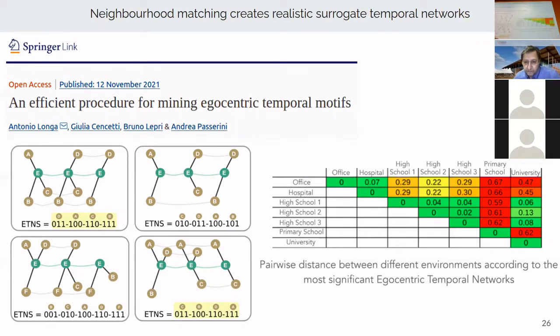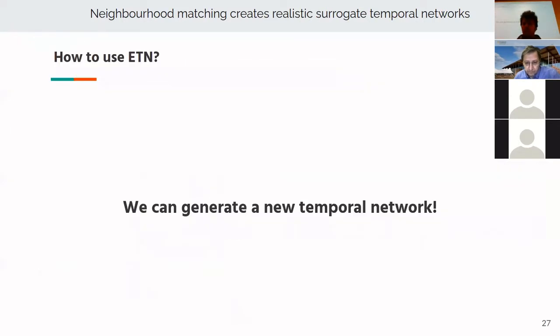What is cool here is that high schools are quite similar among them, and also the office and the hospital. In the meantime, the university stays in the middle, among the hospital and the workplaces and the high school. But this is another work, let me say.